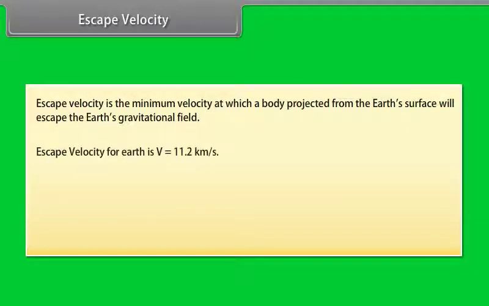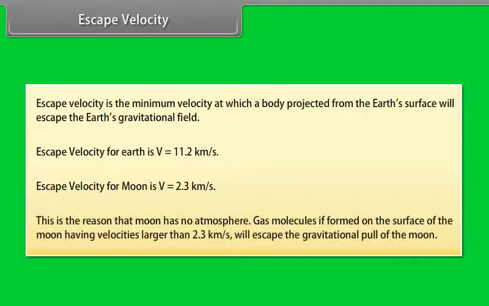Escape velocity for the Earth is v = 11.2 km per second. Escape velocity for Moon is v = 2.3 km per second. This is the reason that Moon has no atmosphere. Gas molecules, if formed on the surface of Moon having velocities larger than 2.3 km per second, will escape the gravitational pull of the Moon.